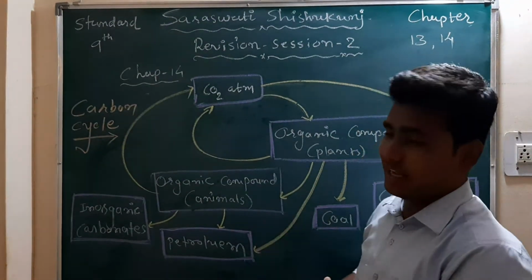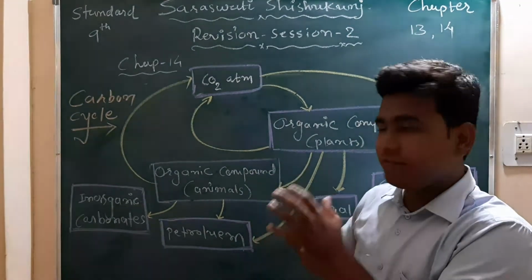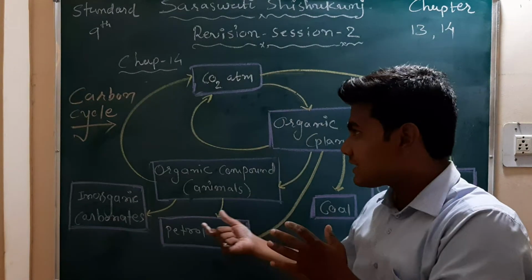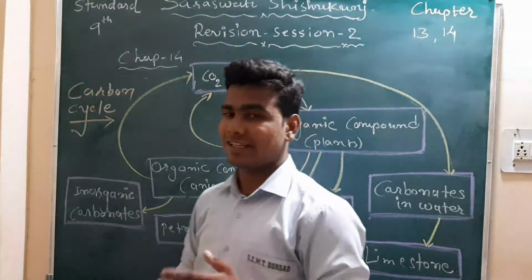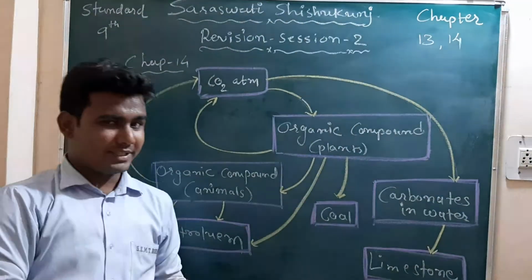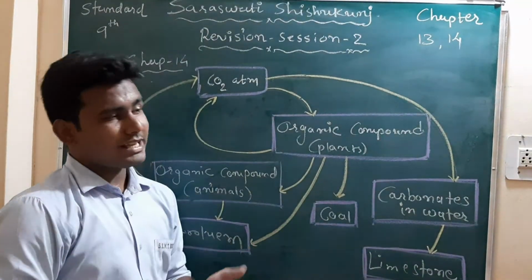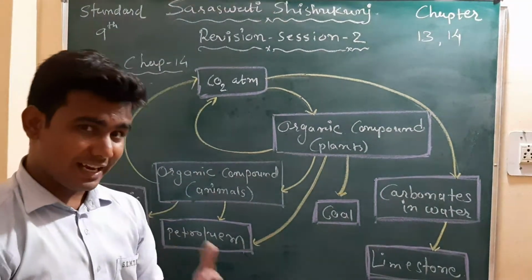As it is asked, you can draw a figure of it, right? You can draw a cycle, and from that you can write your answer if it is asked in the exam. The same way you can do it for the nitrogen cycle, right? In the nitrogen cycle we know that there will be nitrification, ammonification, and denitrification.